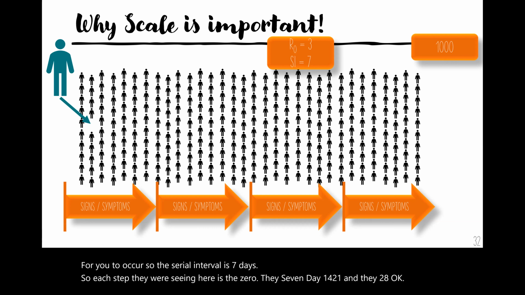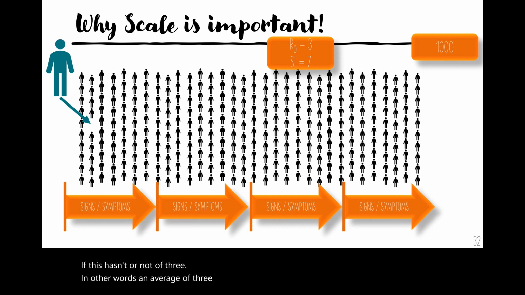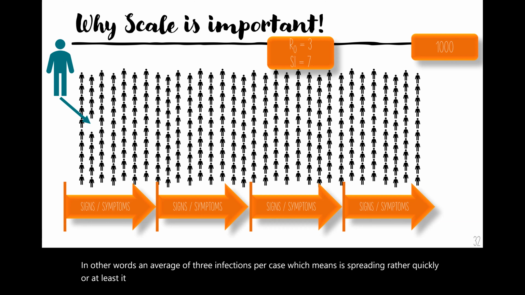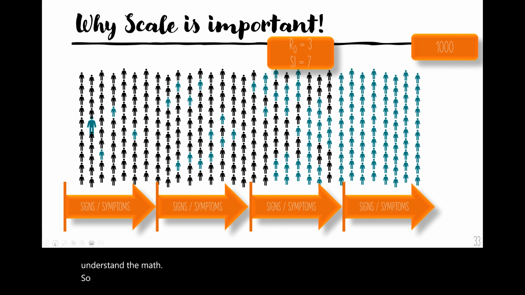If this has an R naught of 3, in other words an average of 3 infections per case, it seems to be spreading rather quickly. But if we look at the math, this is where things change, and I want you to understand the math. That person got introduced to the population and infected 3 people, and then those 3 infected 3 more each, and so on.